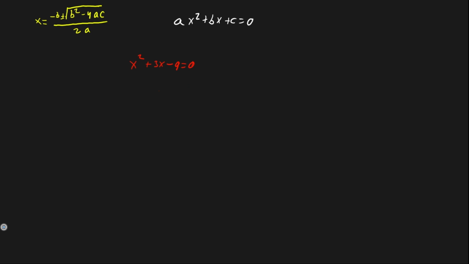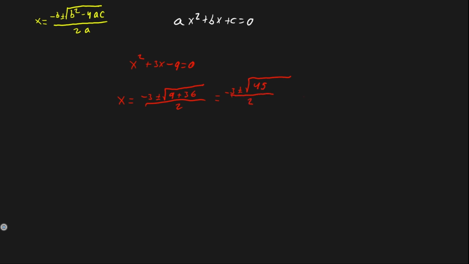So we're going to go ahead and use the quadratic formula, giving us x is equal to -3 plus or minus the square root of 9 plus 36 over 2. And this is going to give us -3 plus or minus the square root of 45 divided by 2.